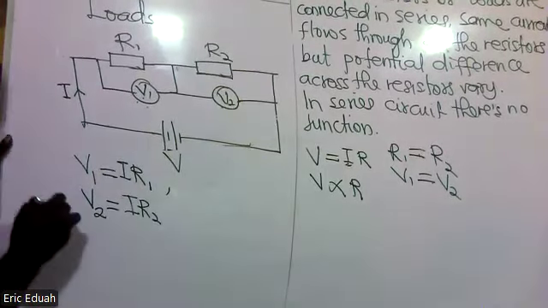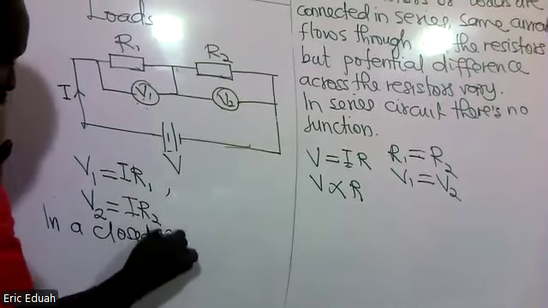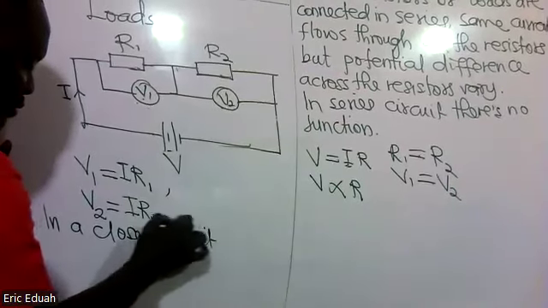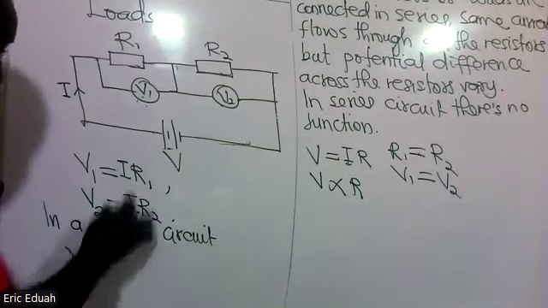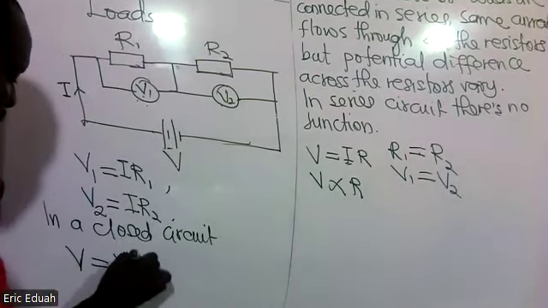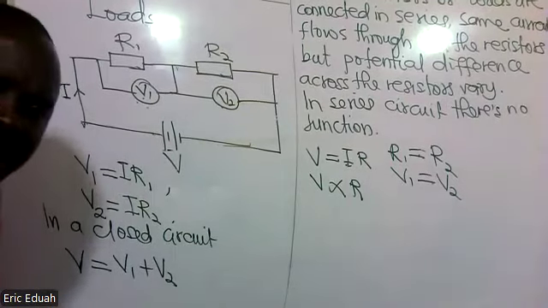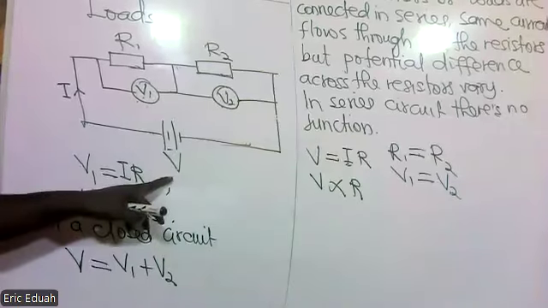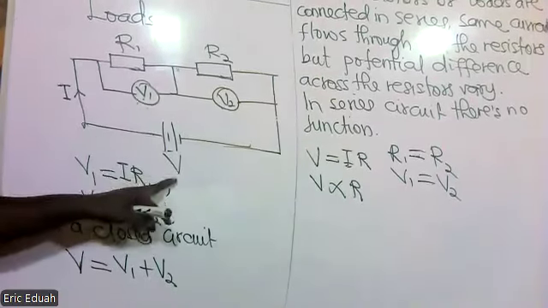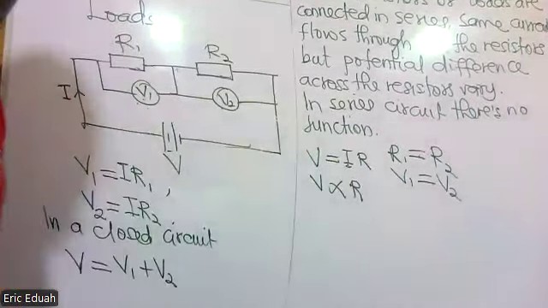So in a closed circuit, V, which is the source voltage, must be equal to V1 plus V2. If the circuit is not closed, we cannot say that V is equal to V1 plus V2. This is similar to water flow.